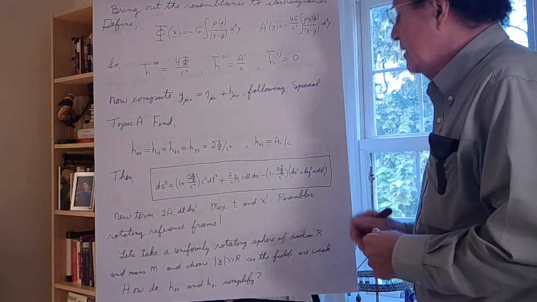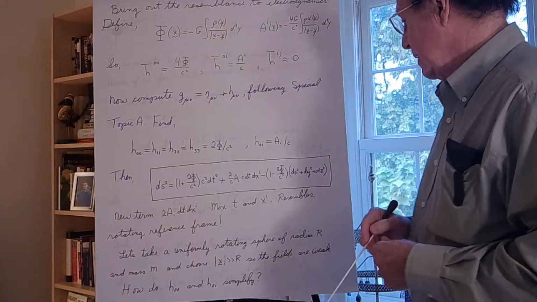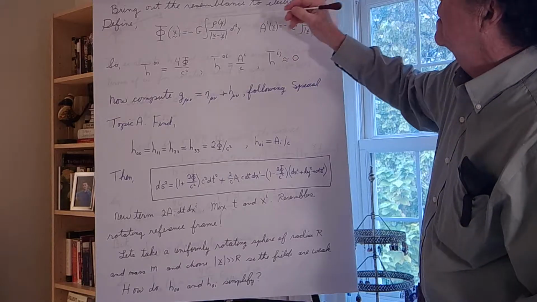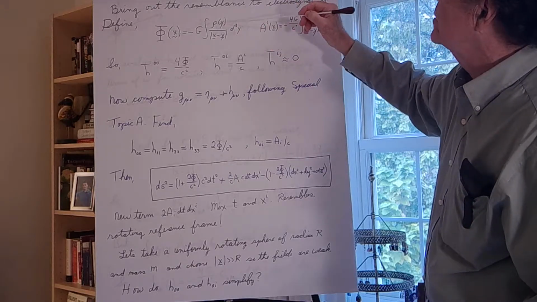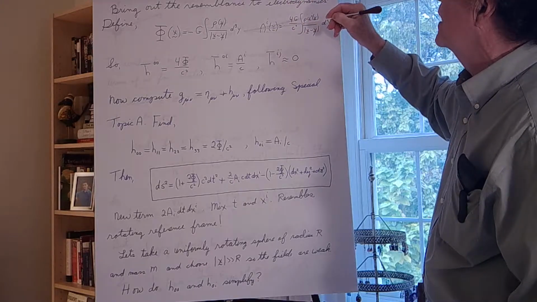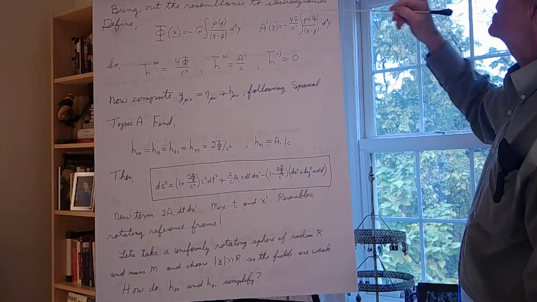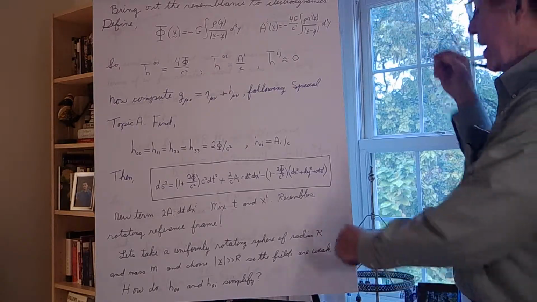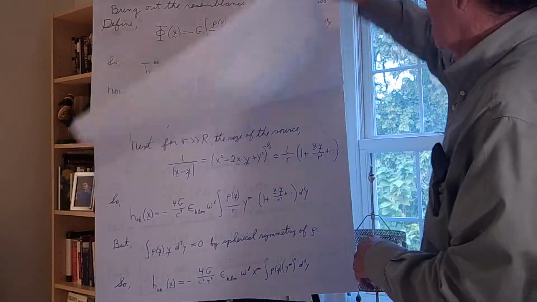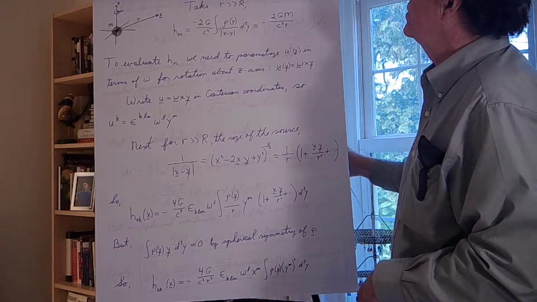Okay, if R is very far away, then I know I can pull this denominator outside. Okay, and then the integrals are very trivial. For phi, the source of phi is just rho d3y. That's the integral of mass density over the object. That's just the mass. Okay, and then this other integral is just the integral of the mass current over the object, and I can do that one as well. Okay, so that's what I'm setting up to do.